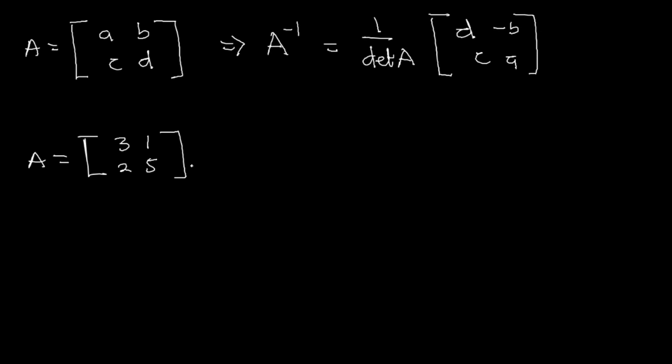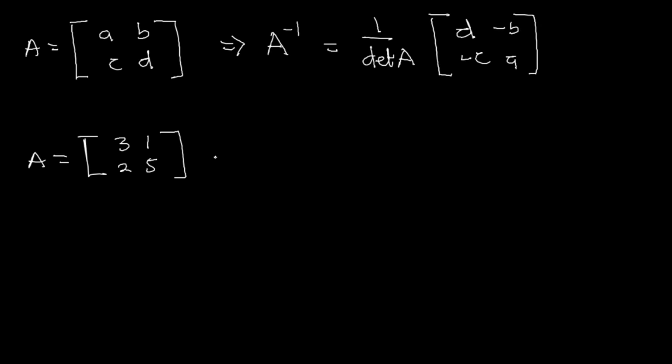So for us to find the inverse of this matrix, let's look at how we are going to go about doing that. We know the formula for finding the inverse of a matrix: A inverse is equal to 1 over det A, then multiplied by, we interchange the leading diagonal, and then we negate the following diagonal.